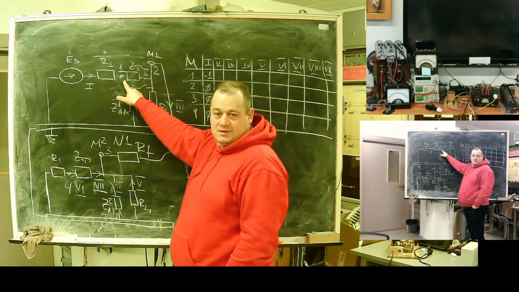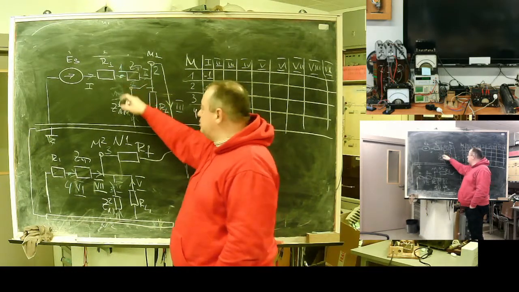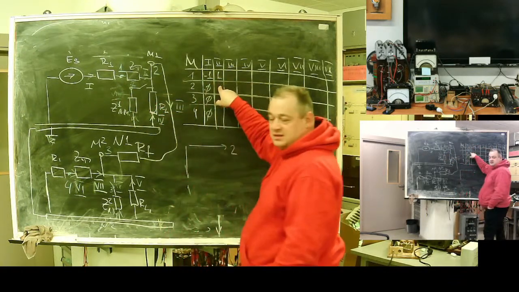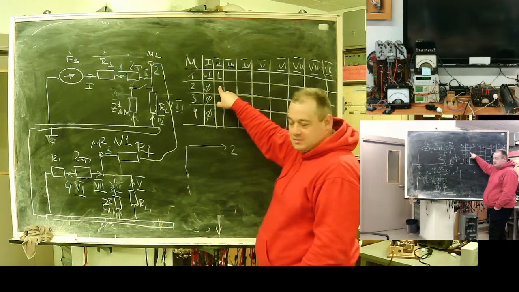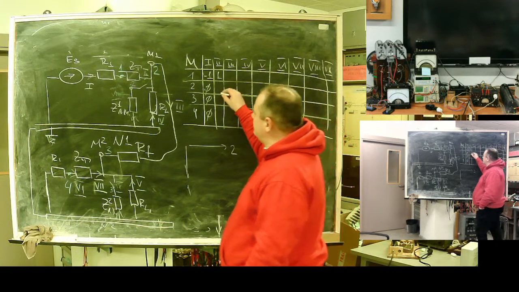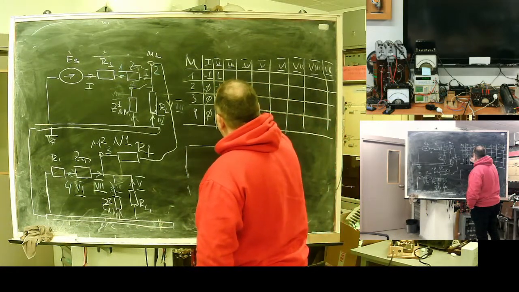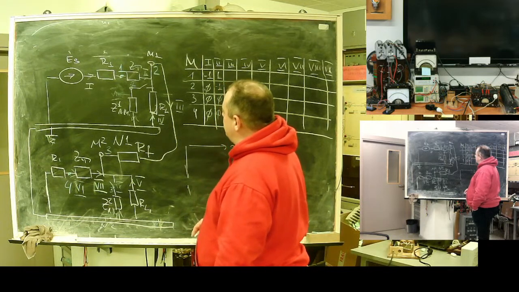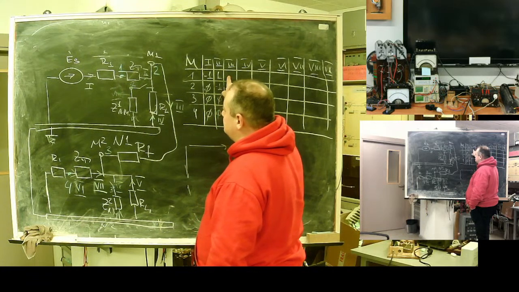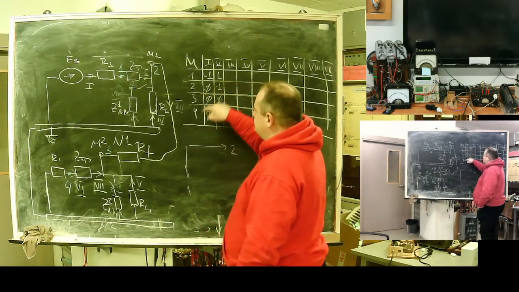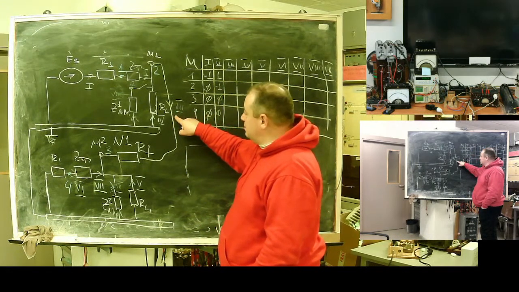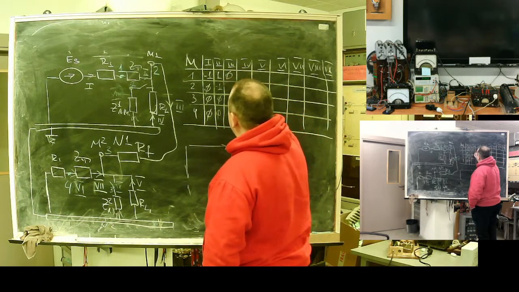Out means 1. And here I'm writing 0? Really? Minus 1. Then 0, 0. Number 3, here it is. What am I writing here? Any connection to the first node? No. 0.